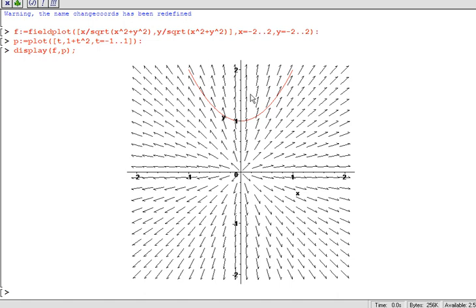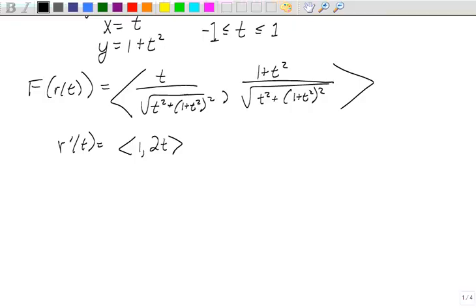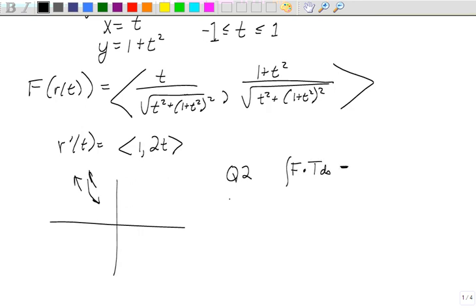So what we're going to say here, in quadrant 2, you're traveling this way, the vectors are going opposite, so the integral will be negative. In quadrant 1, the parabola is going up and your vectors are going the same direction.